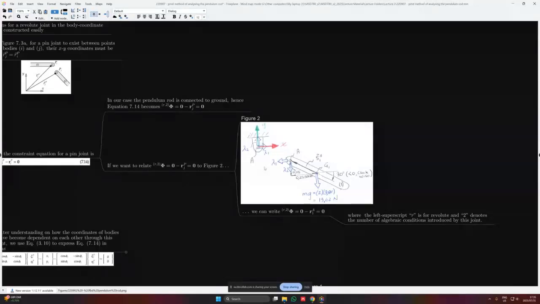And then P is the actual index, or the denotation, of the actual point that we're considering. In our case, it's point A. That's where the revolute joint resides. And then we did mention that the left superscript R is for revolute, and 2 denotes the number of algebraic conditions introduced by this joint. So the number of constraints introduced, essentially.